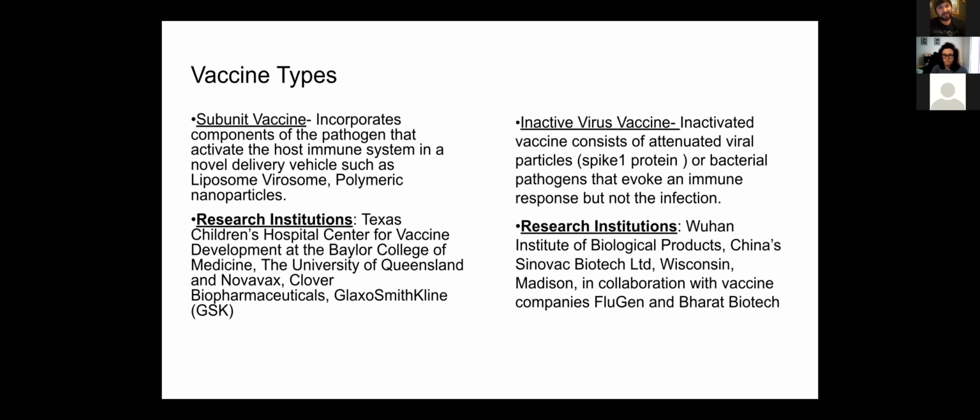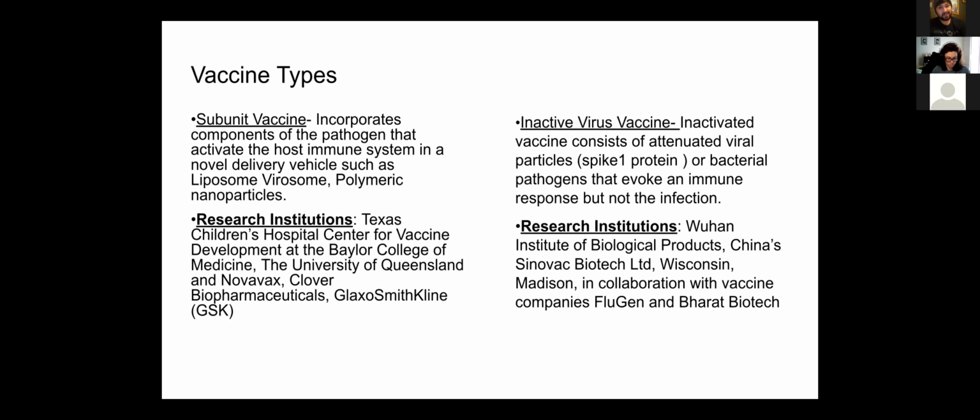Adjuvants are just another word for the delivery vehicle. So the ones that are actually doing the research are the Baylor College of Medicine. They basically have formulated a vaccine that has the S protein binding domain, and they also have toll-like receptors.